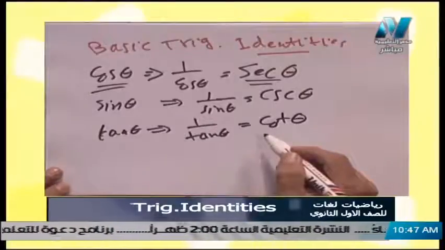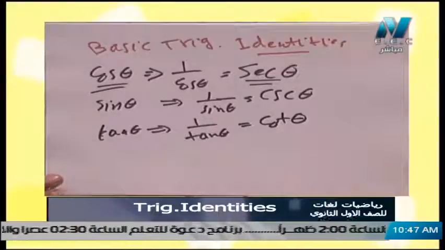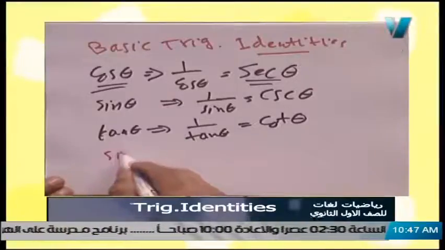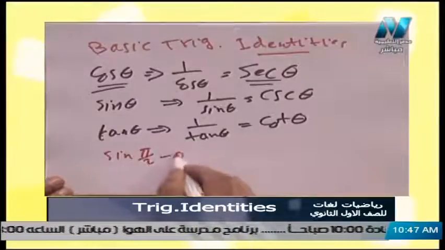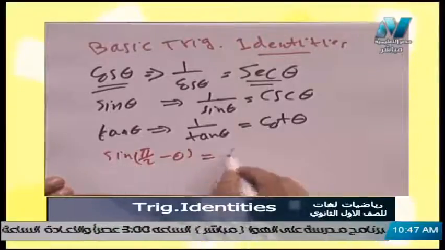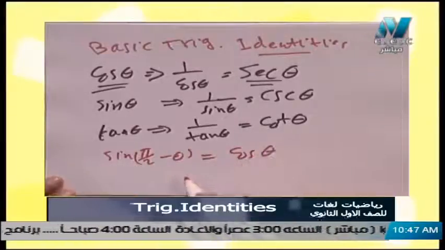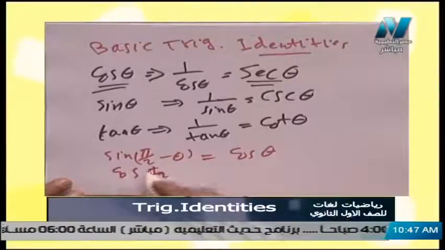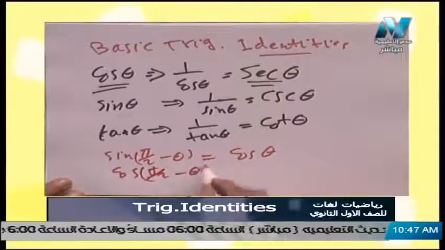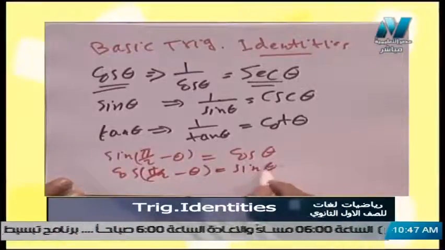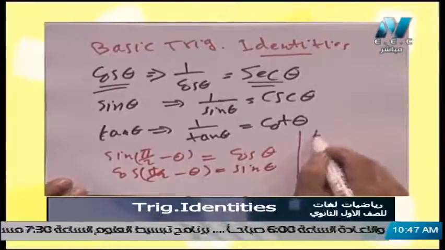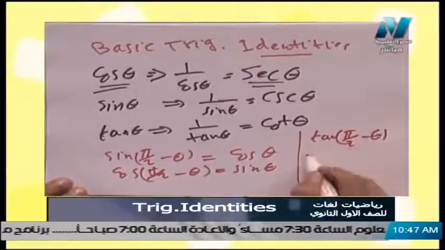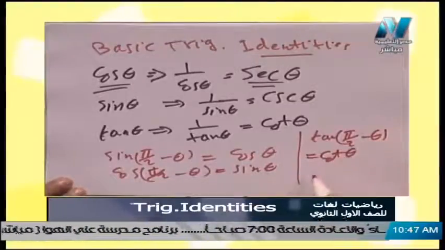We know also that sine of pi over 2 minus theta equals cosine theta. Cosine of pi over 2 minus theta equals sine theta, and tan of pi over 2 minus theta equals cotan theta.